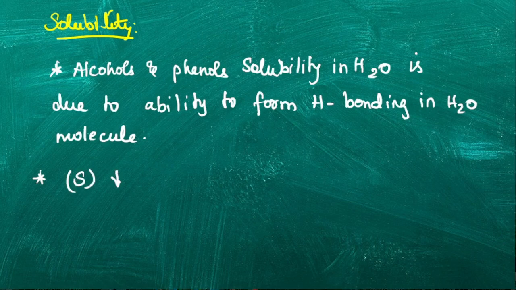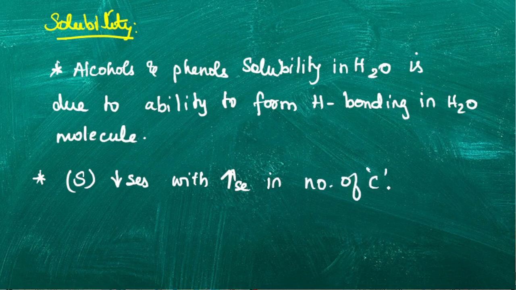Solubility decreases with an increase in the number of carbon atoms or carbon chains. So solubility decreases when the number of carbon atoms or carbon chains increases.